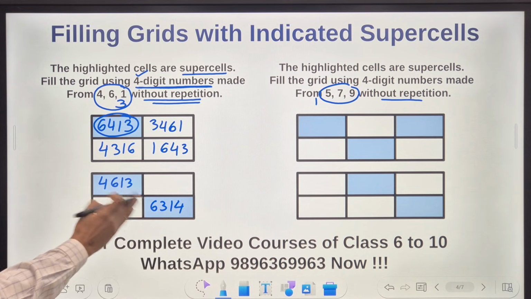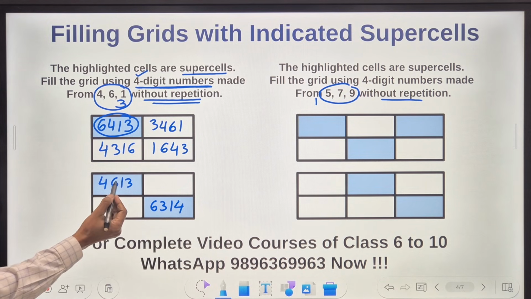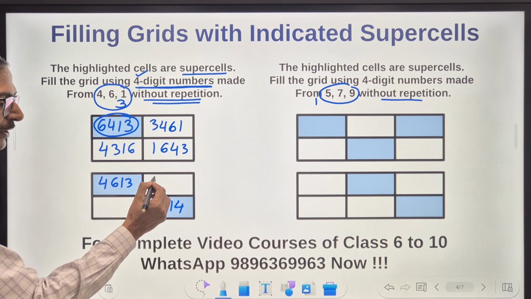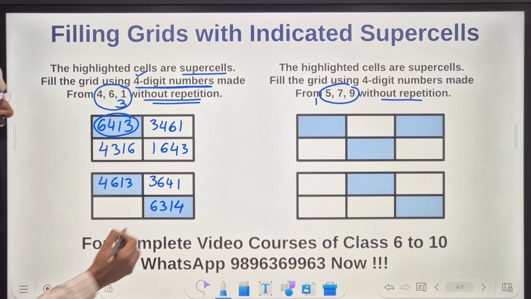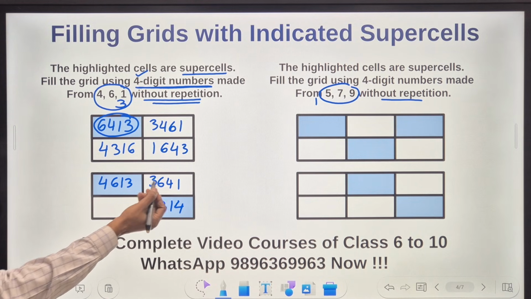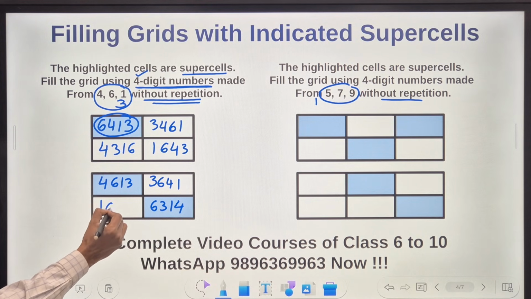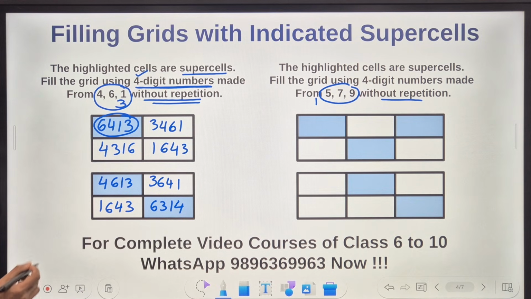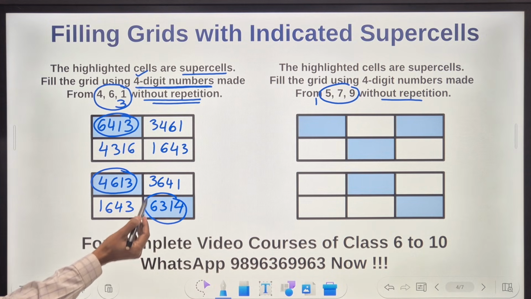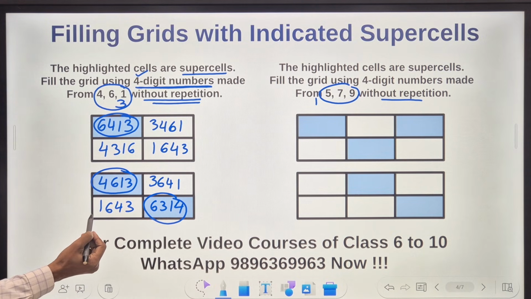These two, if they have to be supercells, have to be greater than the neighbors. So we can put a smaller number here, 3, 6, 4, 1, and another number starting with 1, maybe 1, 6, 4, 3 here. And now you can check, this is a supercell because it is greater than these two. This is a supercell because it is greater than these two.